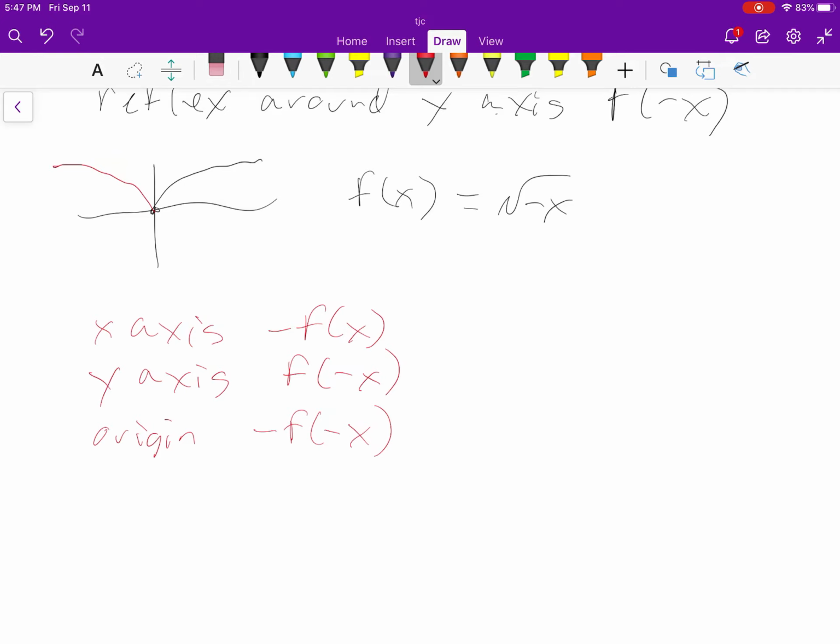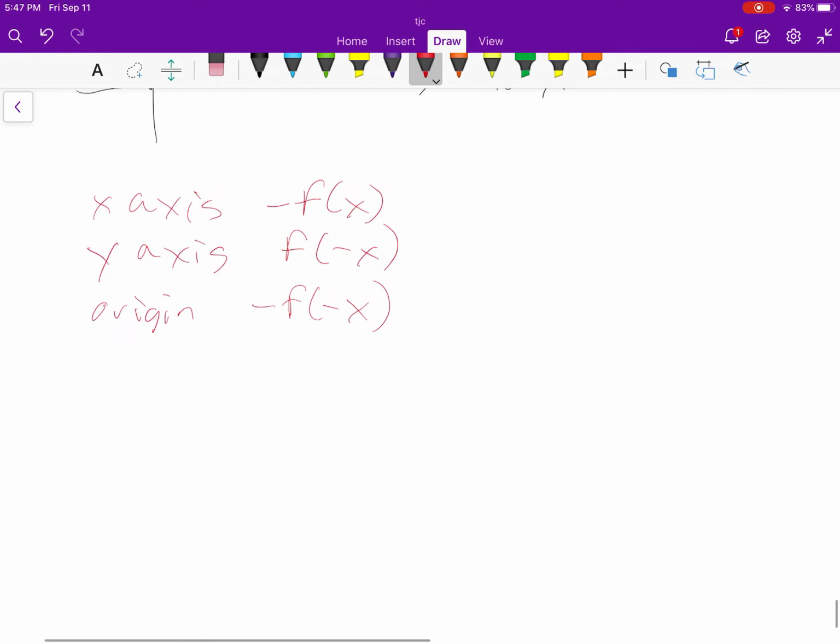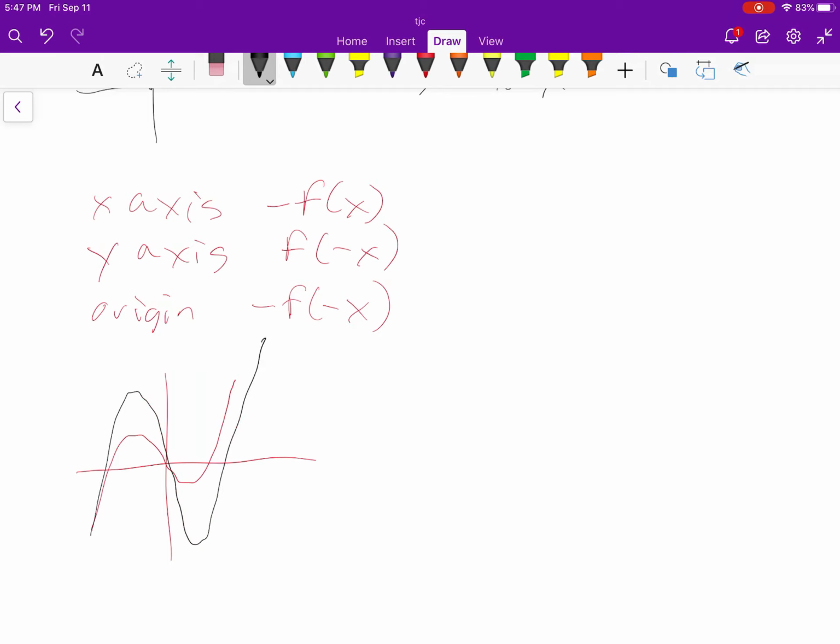And the last types of things that they're going to do in this chapter is stretching, how to stretch something out. So let's say you have something that looks like this, and you want to stretch it out so it looks like that. Okay?